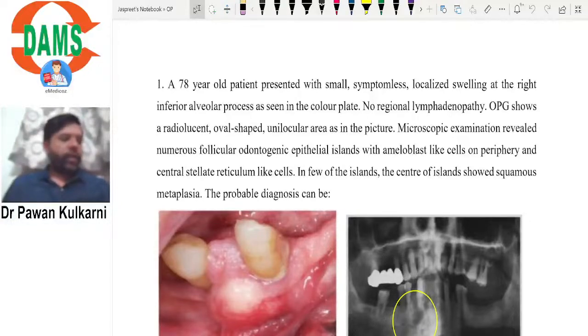Okay. So in this session of oral pathology, I'll be covering some of the important MCQs based on some concepts, based on some images.